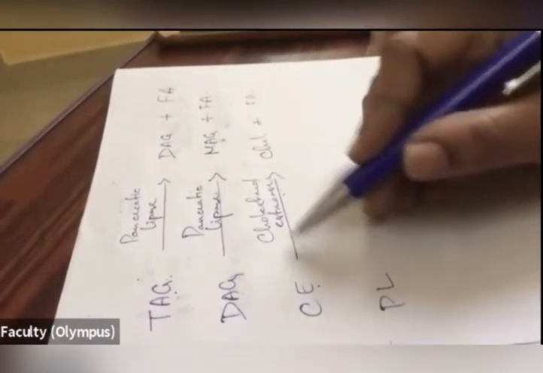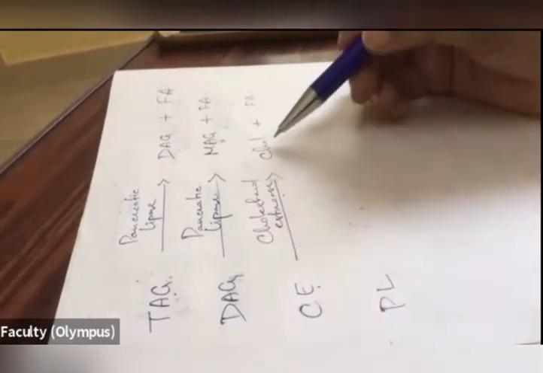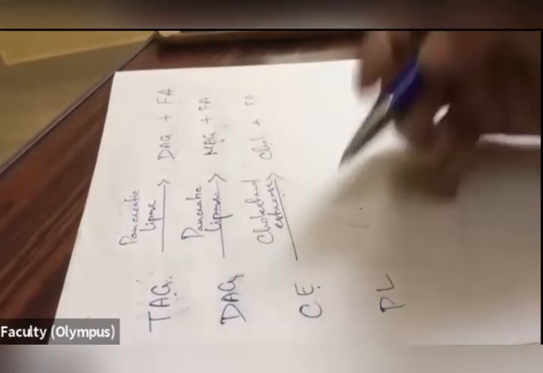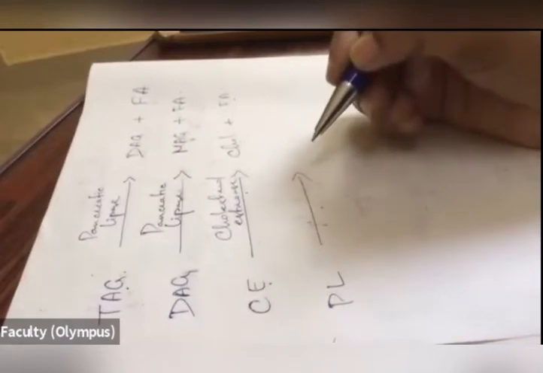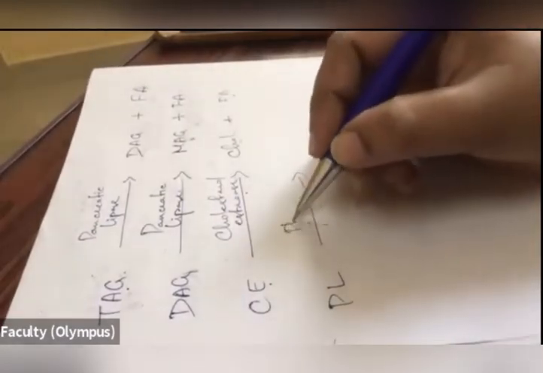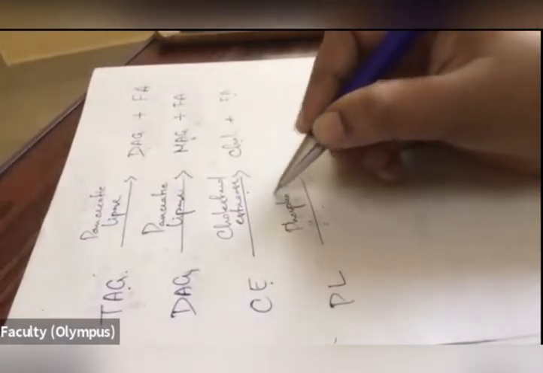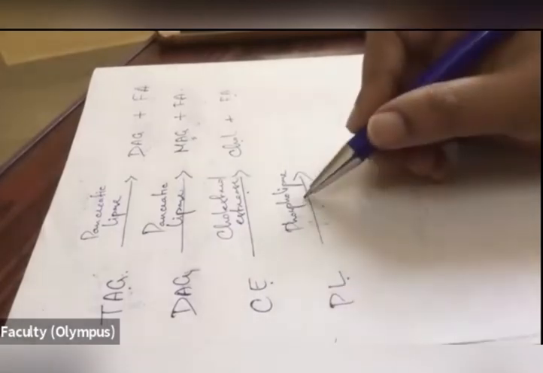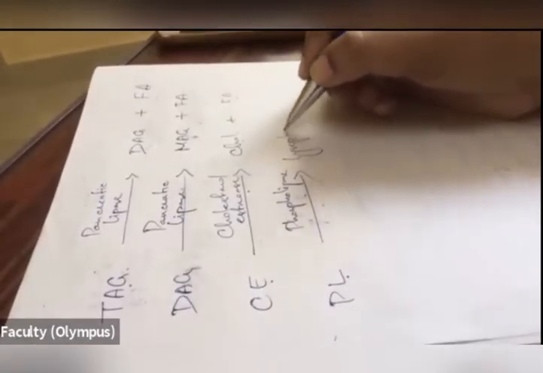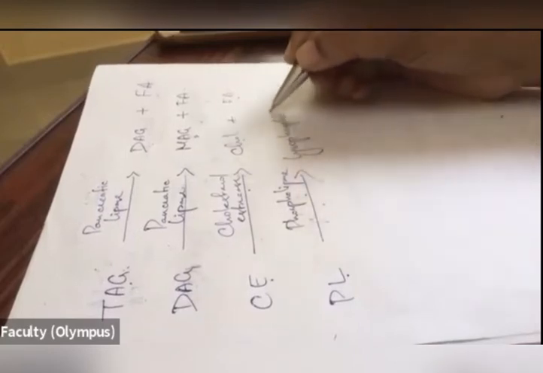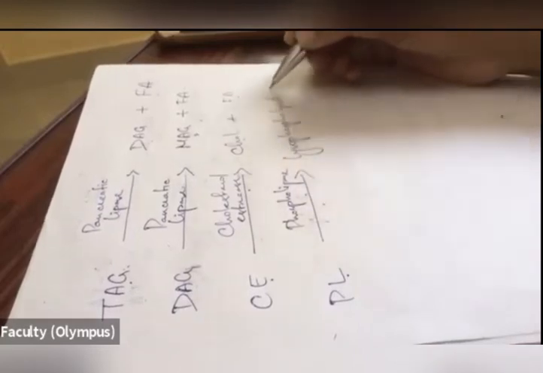You can remember easily what the enzyme is. Then phospholipids: the enzyme will be phospholipase. Again, easy to remember. Phospholipids are acted upon by phospholipase to form lysophospholipid plus fatty acid.